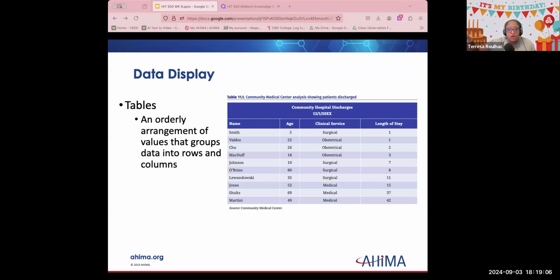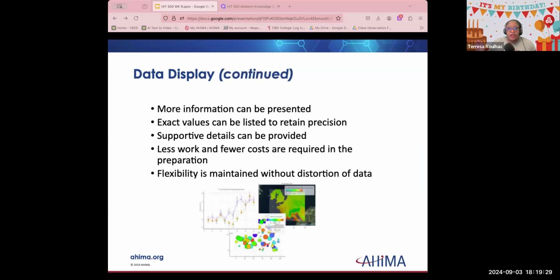Now, Table 11.1 lists information with each row representing one patient. And it's from Community Medical Center analysis showing discharge of patients. And using tables has a lot of advantages, like the ability to present more information.